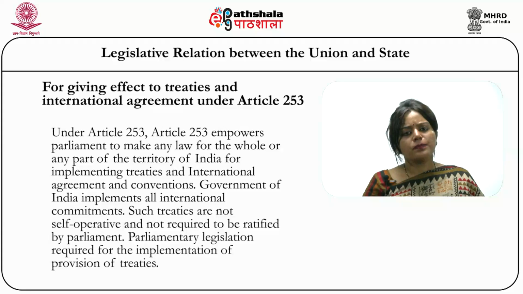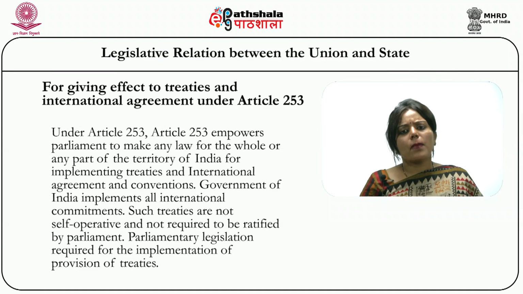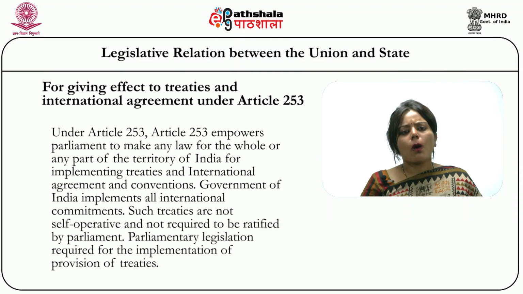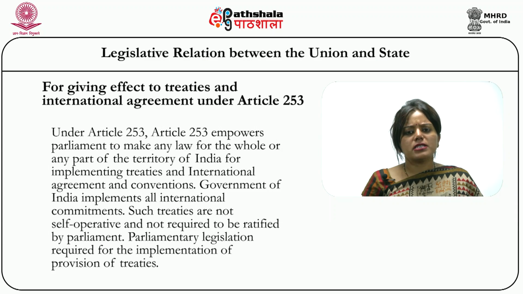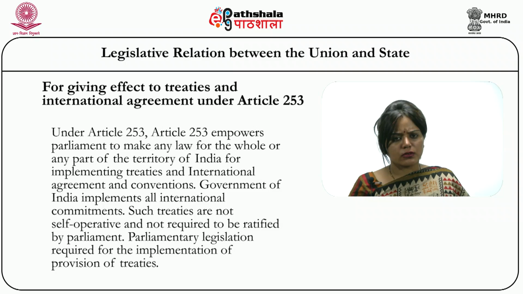And under the same Article 253, Parliament is empowered to make any law for the whole or any part of the territory of India for implementing treaties, international agreements and conventions.